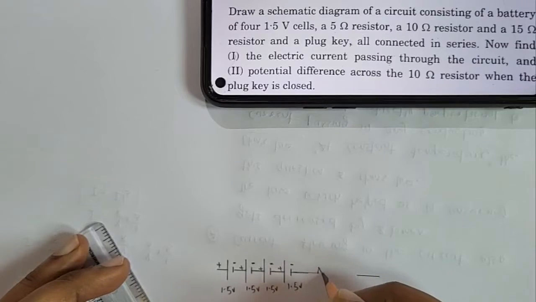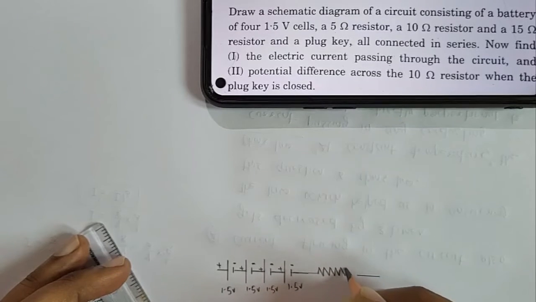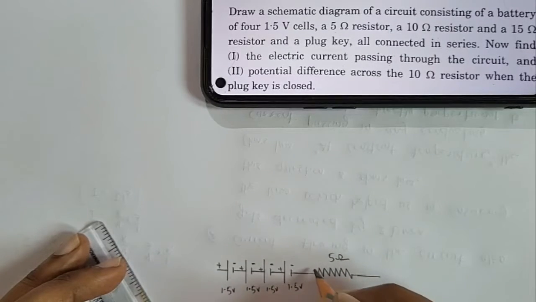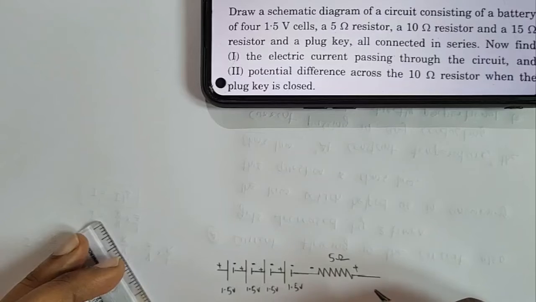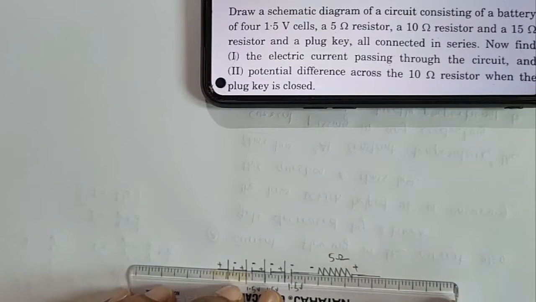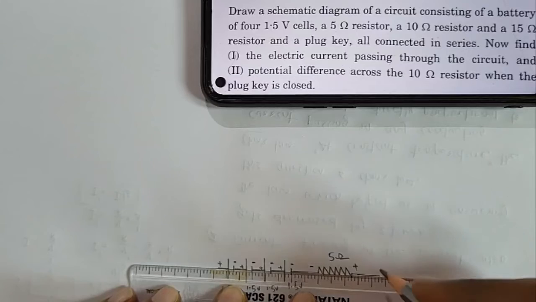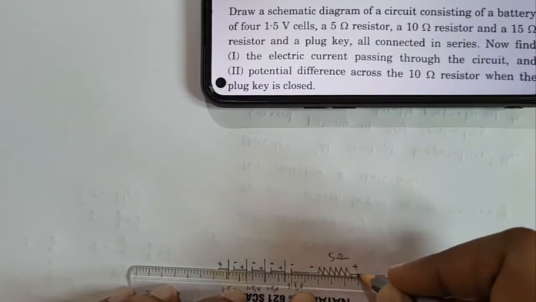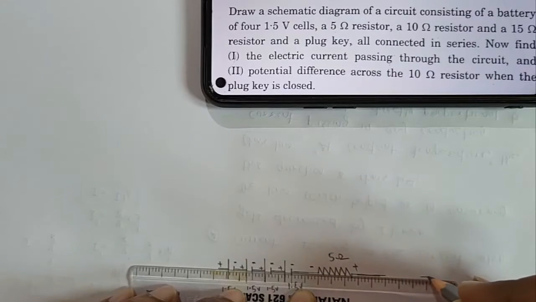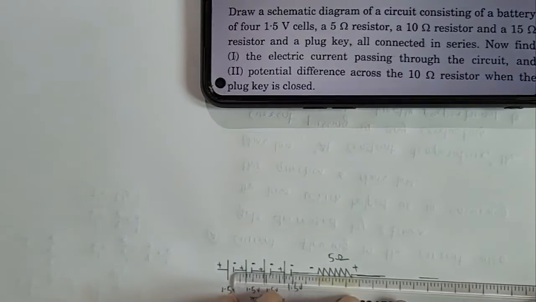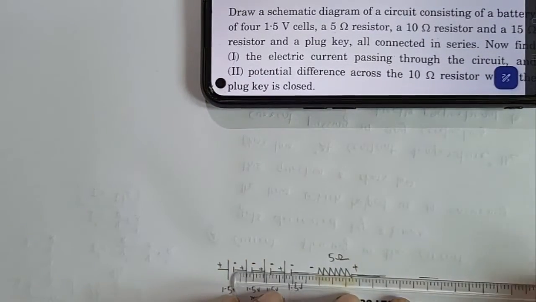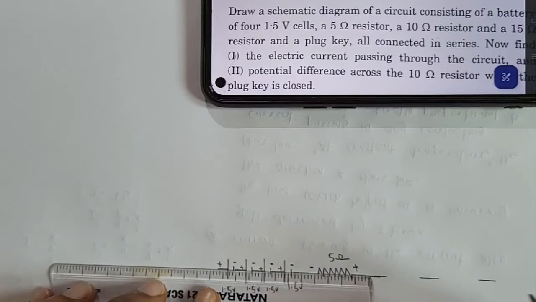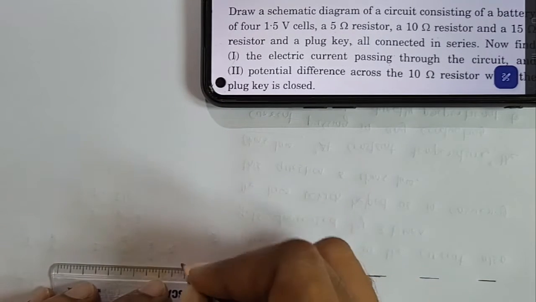Resistance value is 5 ohm, and the resistance polarity is negative and this is positive, and a 10 ohm resistor and a 15 ohm resistor, and from here again one 10 ohm resistor and a 15 ohm resistor and a plug key. The plug key will take this side.